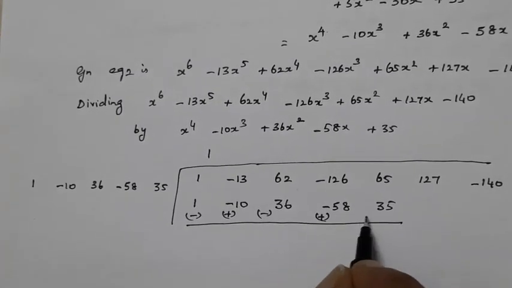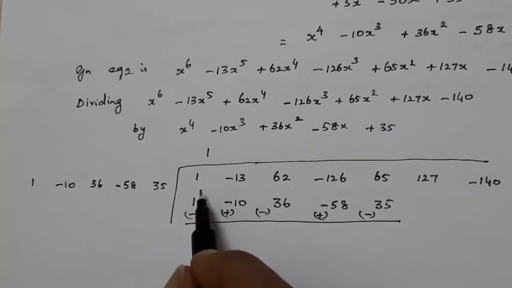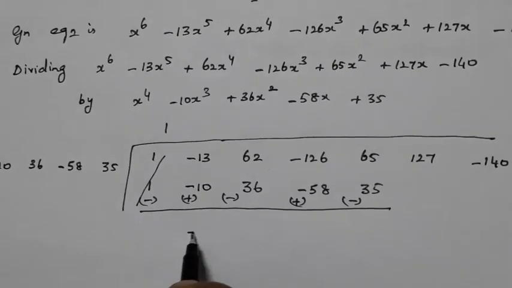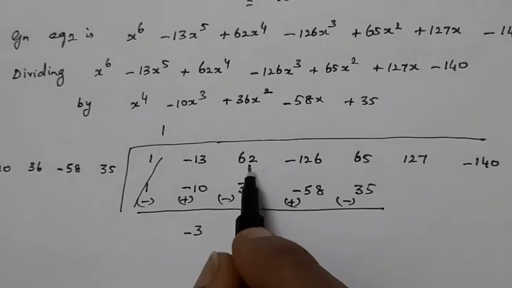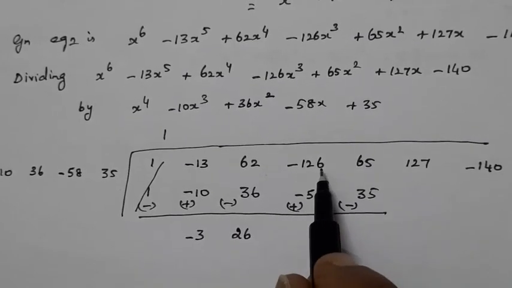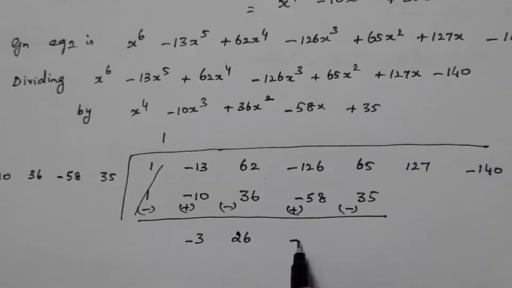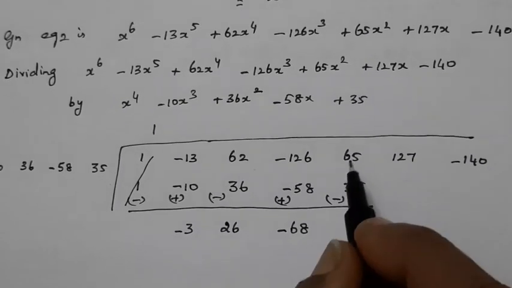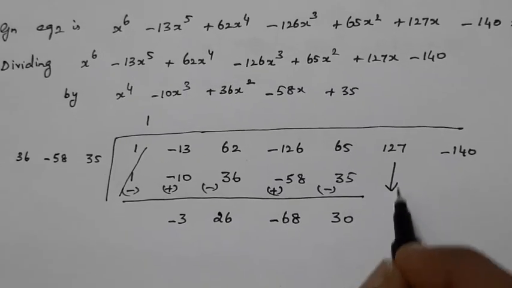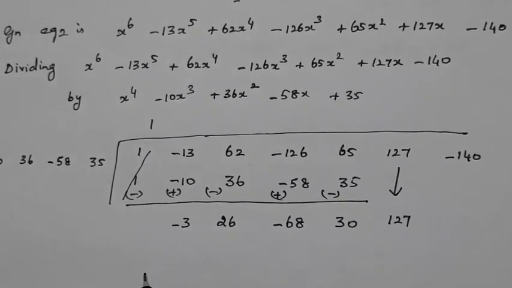After changing the sign and on subtraction, it gets cancelled, then -13 + 10 is -3, and 62 - 36 is +26. Then -126 + 58 is -68, and 65 - 35 is +30. Now let us bring down the next term, 127.